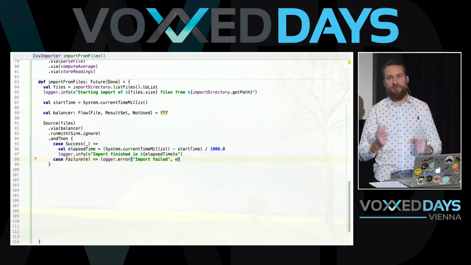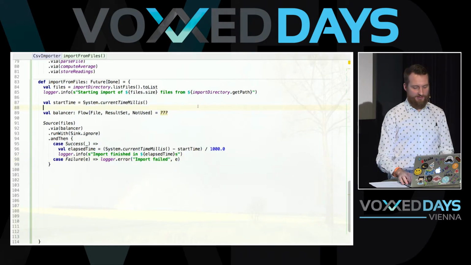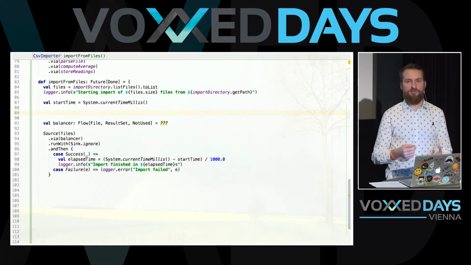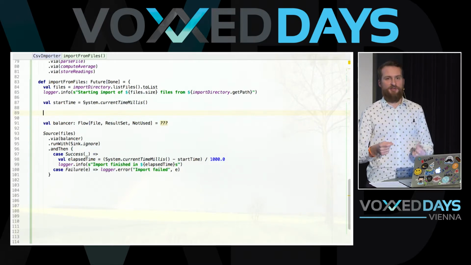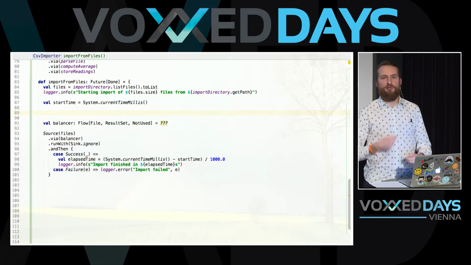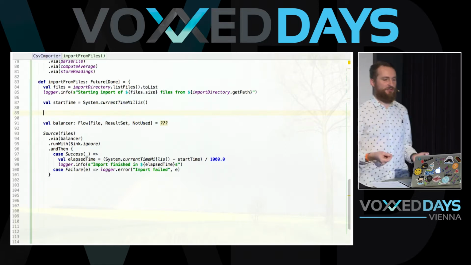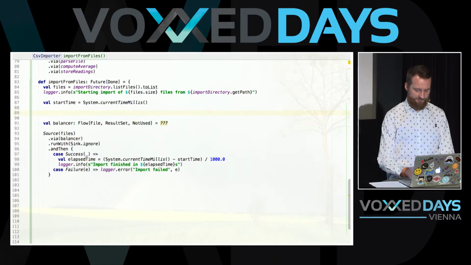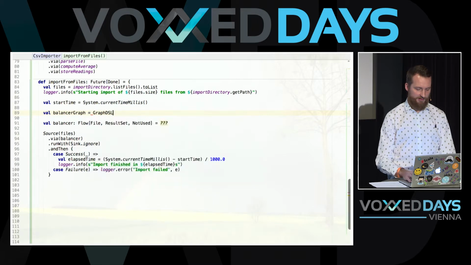Okay, so now it's time to implement the load balancer itself. And here we'll use a bit different approach than we used previously, because we won't be using the built-in stages, so the methods that we can call on a flow, but we will build a simple processing graph from scratch using a graph DSL, which is another way in Akka Streams to define the processing steps. So we'll have a balancer graph, and now we're using the graph DSL to create it.